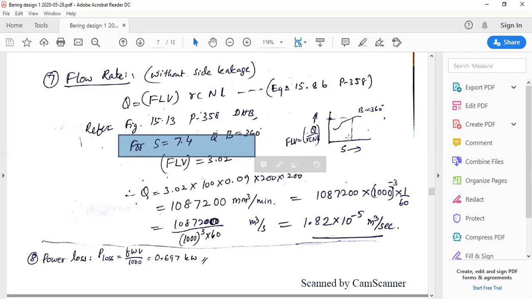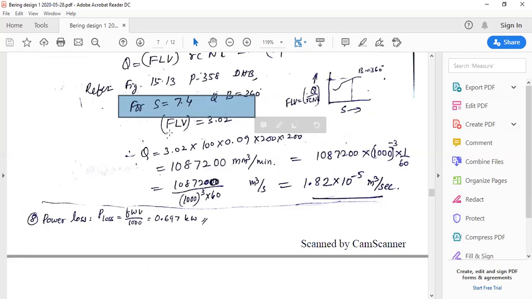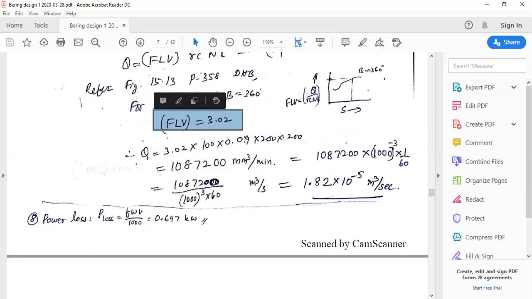The value of flow variable is 3.02. Substituting in the equation of Q, the value obtained here is 1087200 mm cube per minute.